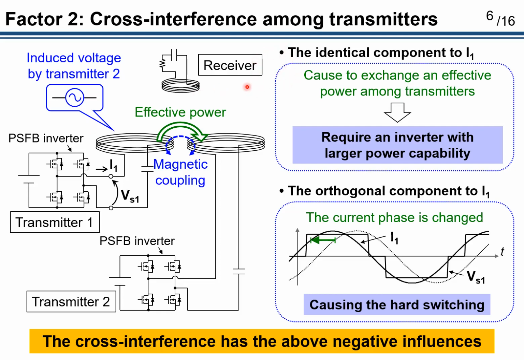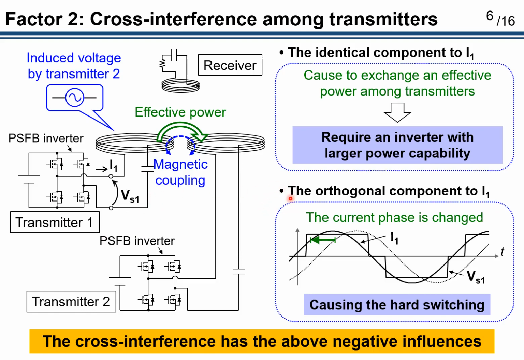The first is the identical component to I1. This component causes exchange of effective power among transmitters. As a result, an inverter with larger power capability is required, which results in an increase in size and cost.